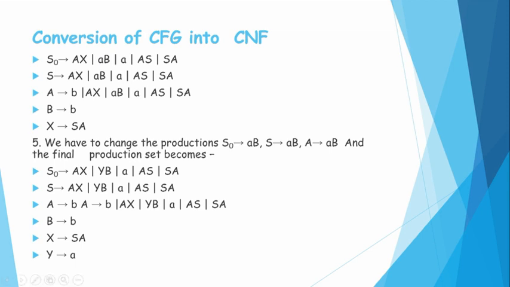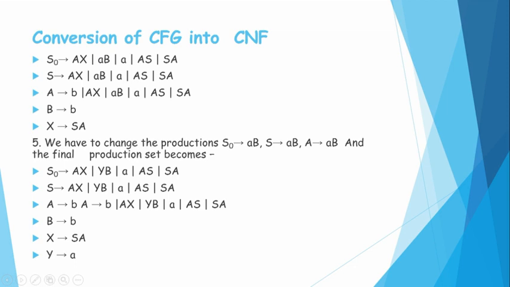Now we have to change the production, because in CNF a non-terminal should derive a single terminal, but here it is a terminal as well as a non-terminal, so we have to remove this non-terminal. So in place of A we write Y, we substitute A with Y. So here our productions become S0 derives X, this one, and YB, this.